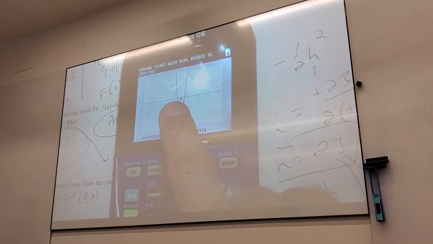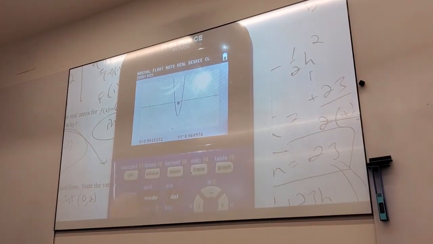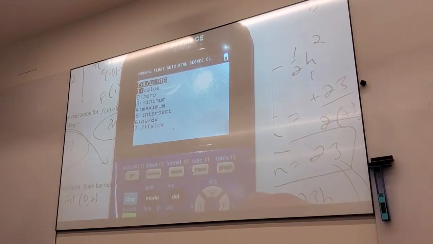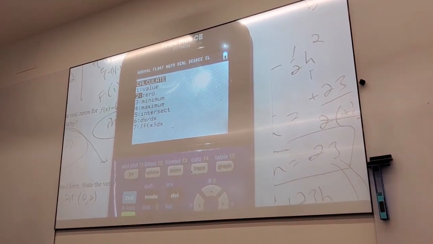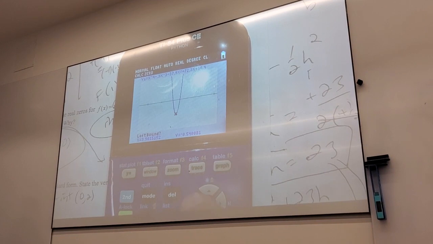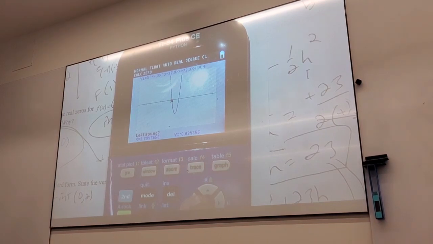How do I find one of these intercepts? Hit second trace to go to calc. What do I want to calculate? A 0. It's going to ask me for the left bound, so I'm going to put my cursor as close as I can to the answer.